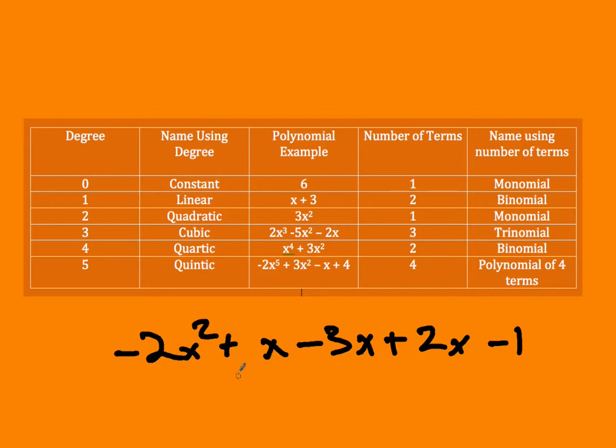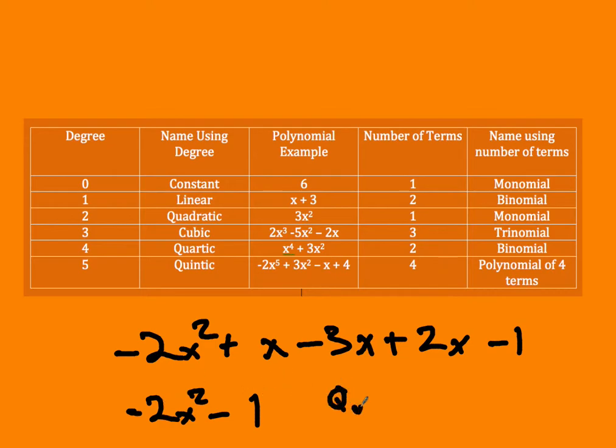Okay, so the trick to this one is you need to add these together first. Rewrite these in standard form before you try and classify them, and that'll help you. It's negative 2x squared. This is x minus 3x is negative 2x, plus 2x is 0, so it goes away. So this is a quadratic. It's quadratic because you have degree 2, and then there are 2 terms, so it's binomial.